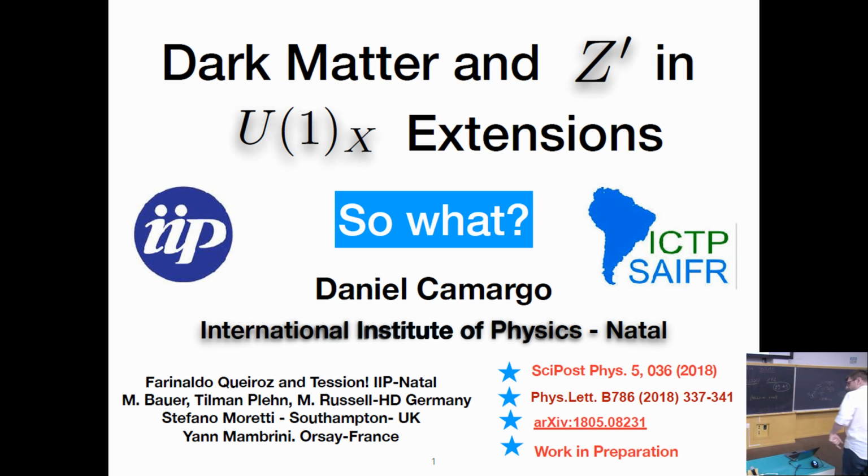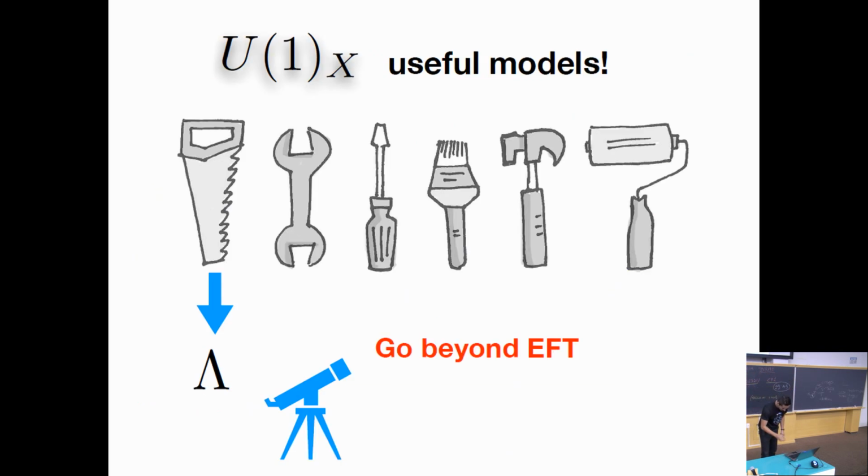But first, let me make some comments about these kinds of gauge extensions. First of all, with these extensions we can address the same problems that effective field theories or simplified models do, but we don't have the ambiguity in some aspects, for example that the transfer momentum of the process has to be so small for the effective field theory to work. Or the ambiguity between the gauge couplings of the two sectors, the hidden sector or the Standard Model sector.